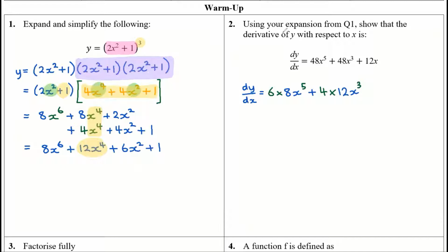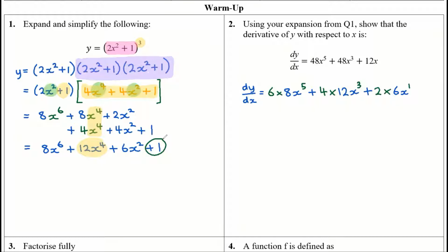Next term along, that's 6x squared, so it's 2 coming down now, multiplying the 6. Then I have to take 1 off the power of x, so that's going to be x to the power 1. And then the constant term on the end would just disappear. It doesn't have any effect on the rate of change of your function.